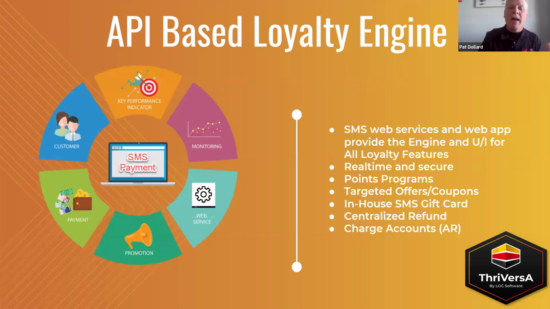So if you've ever wanted to recall details of the transaction, when the customer comes back for a refund, you don't have to guess at what the original price was or how it got there by looking at the receipt. You can scan the receipt and it'll pull back all the details of the transaction for a refund. And nowadays, we're also introducing the use of this for house charge and charge accounts. Okay. So that's the loyalty engine, a little bit under the hood, if you will.